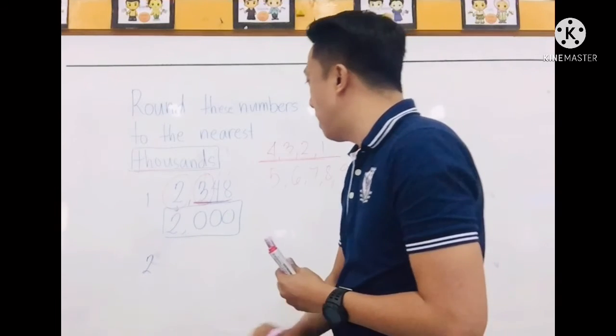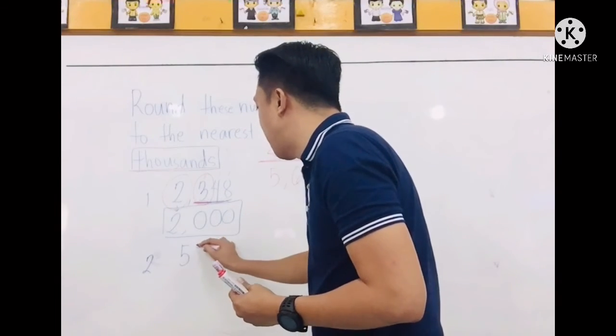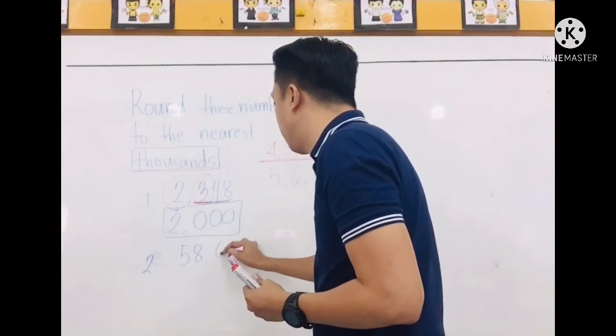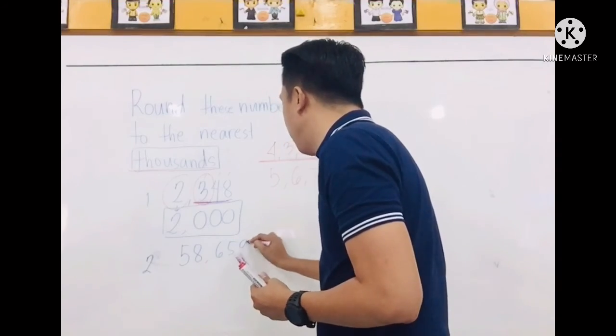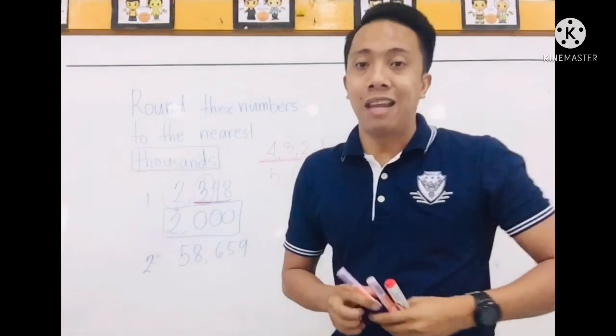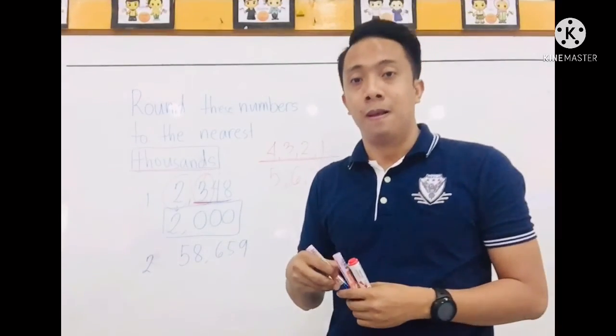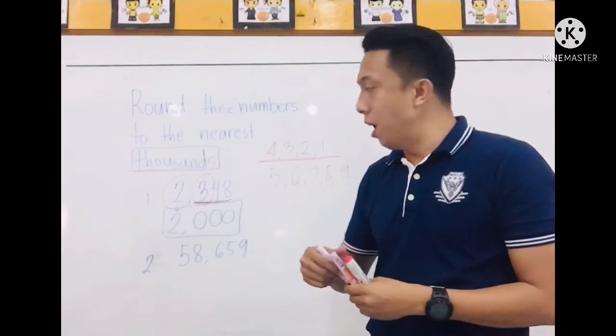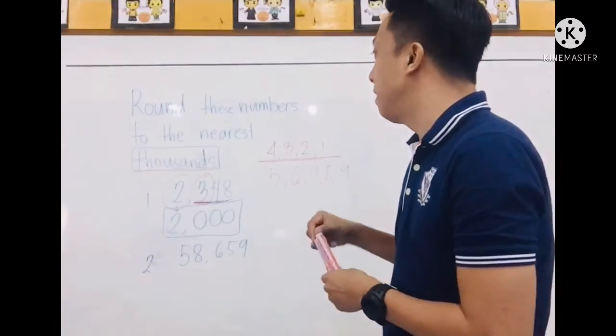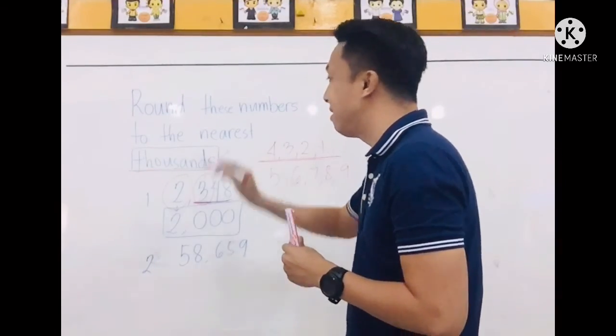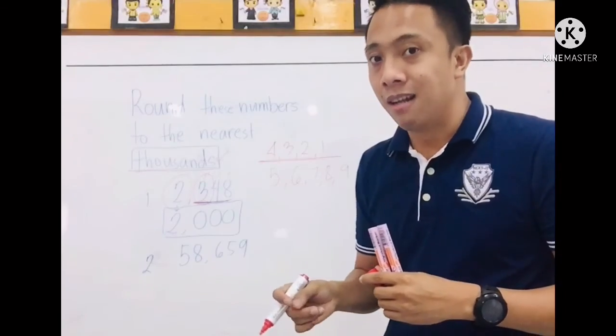What if our number is 58,659? Remember, our given place value here is the thousands place.